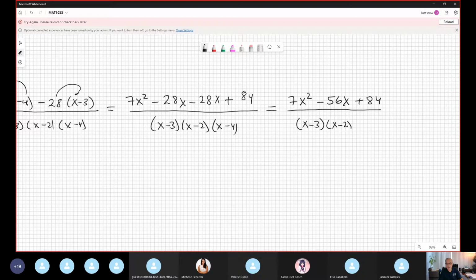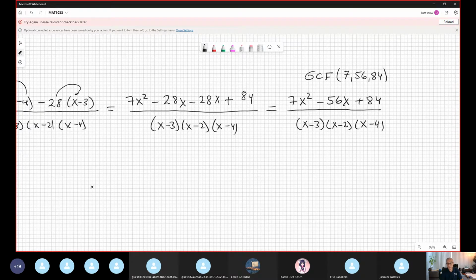This looks like a good answer. However, always remember step 4 is you have to express the final answer in lowest terms. Because I can see, wow, I can see if it's possible or not, the greatest common factor between 7, 56, and 84.